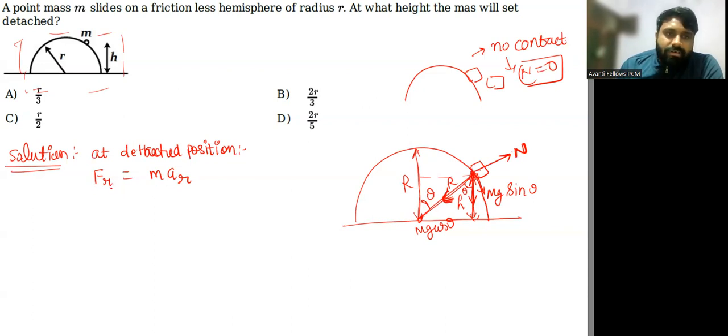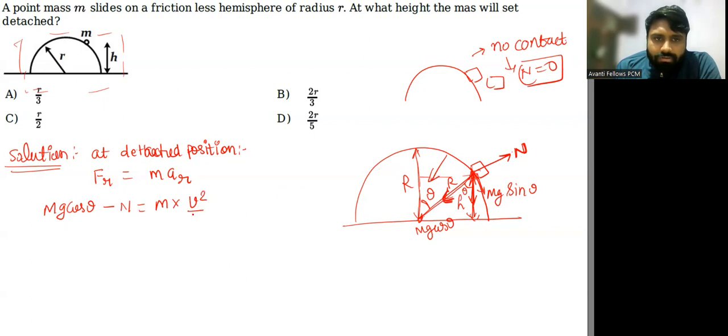So Fr is the force, which we will say is mg cos theta. The direction of centripetal acceleration is inward. So mg cos theta will be taken positive, minus N is equal to m into a_r, which is v square upon R. R is the radius, and v is the velocity at detachment.